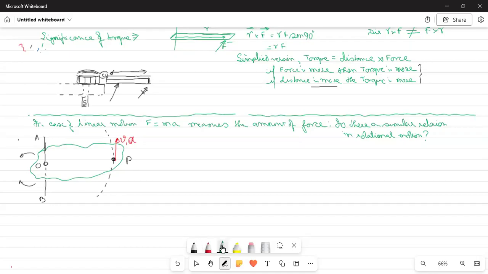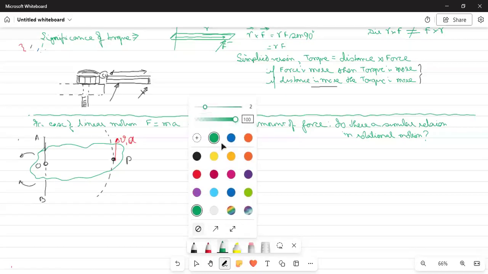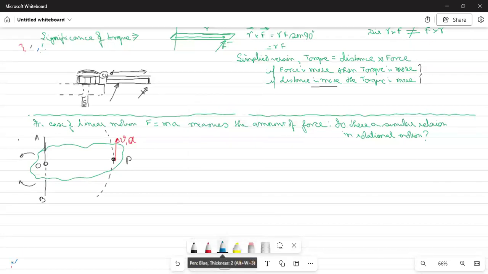Also, this will have an angular velocity omega and angular acceleration alpha.